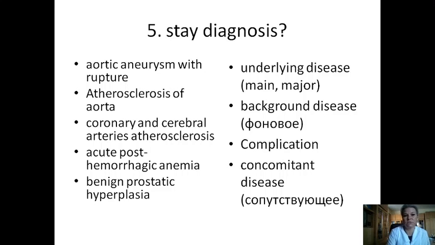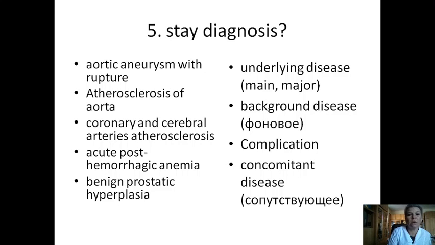On the left side, you can see the main pathological processes and diseases which we see in this case. Aortic aneurysm with rupture, first, atherosclerosis in the aorta, coronary and cerebral arteries atherosclerosis, acute post-hemorrhagic anemia, and benign prostatic hyperplasia.